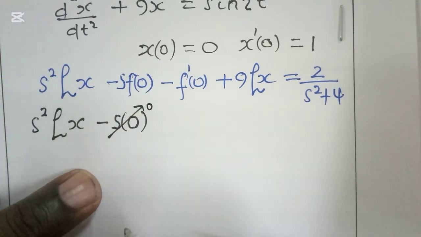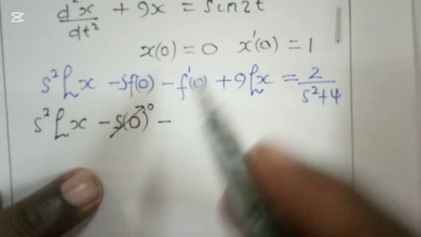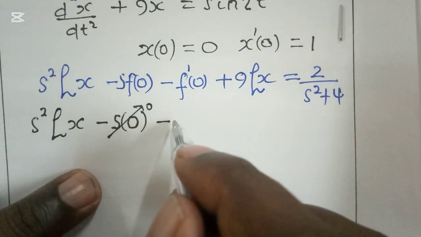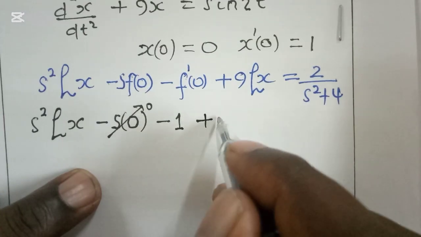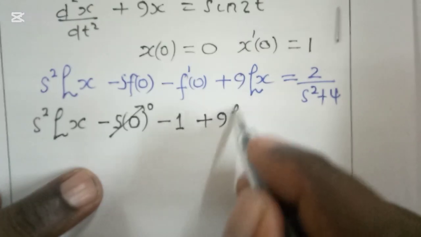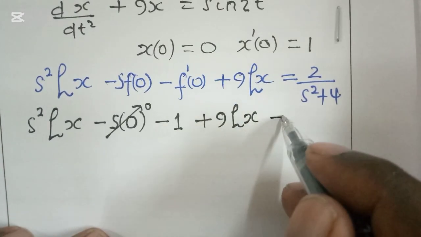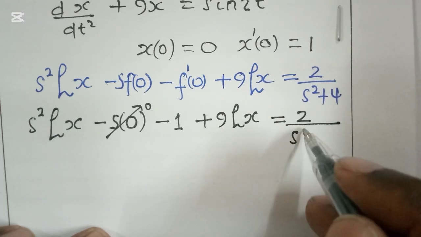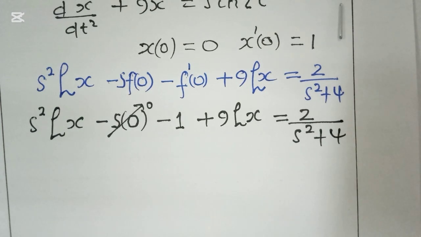This is 0 minus, we can replace that, which is now 1, for the first derivative, we have 1 there, plus 9 Laplace transform of x. This one now we get finally 2 all over s squared plus 4, like that.